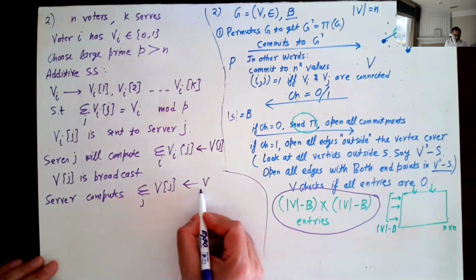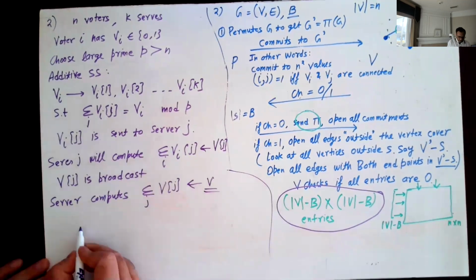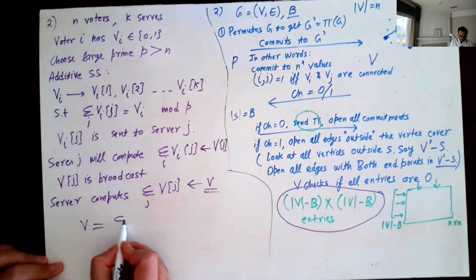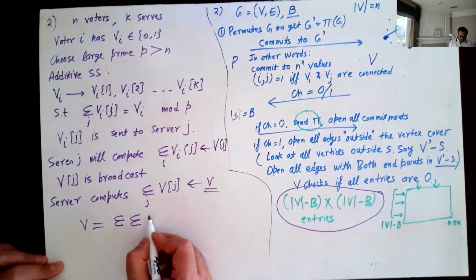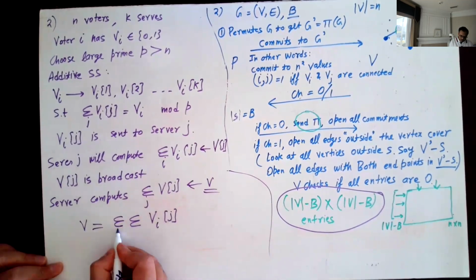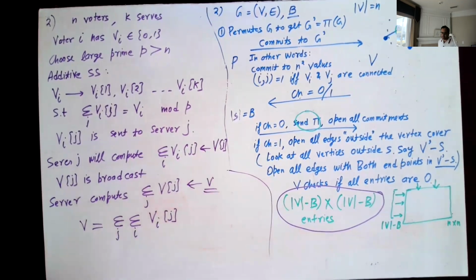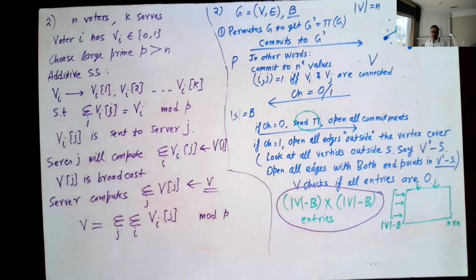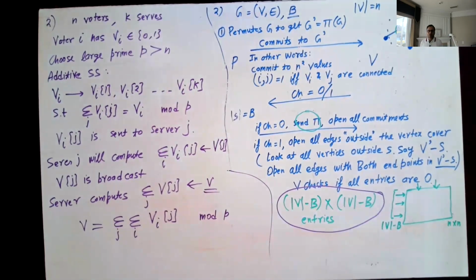So what is v here? Note that v is actually equal to summation, and this is just the sum of all the votes mod p.